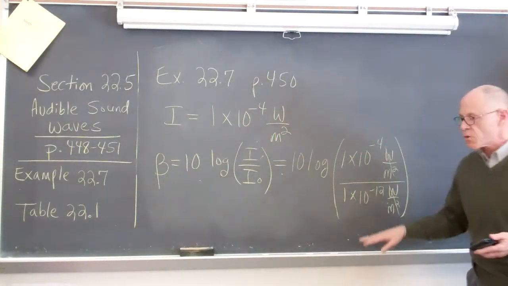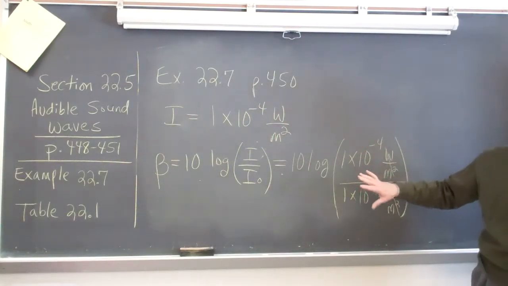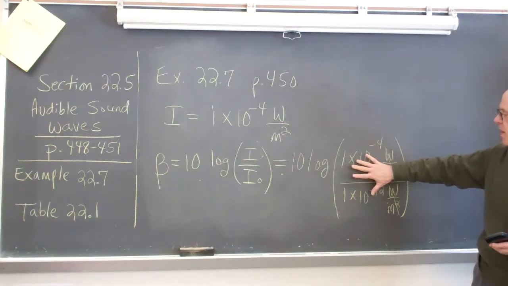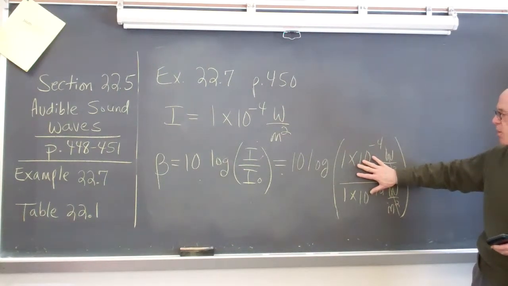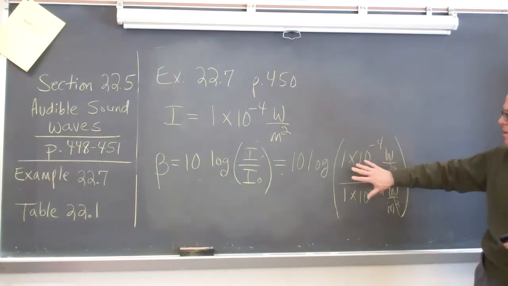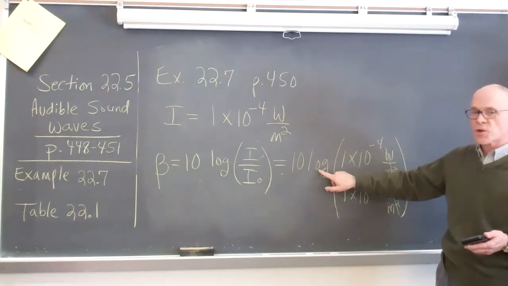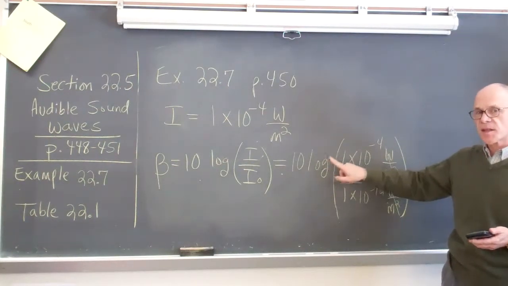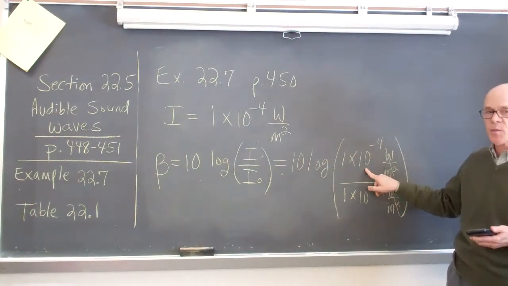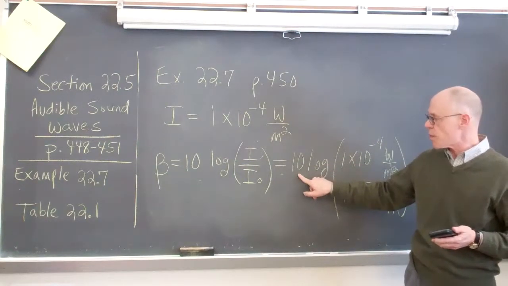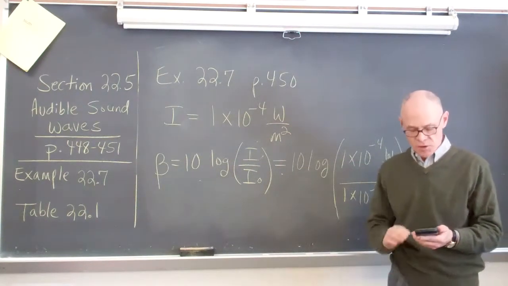So what you're going to do is follow the order of operations. You're going to do the calculation inside the parentheses first, and then once you've calculated what's in the parentheses, you will use your log function on your calculator to take the log of what's inside the parentheses, and then you multiply by 10, and that will give your answer.